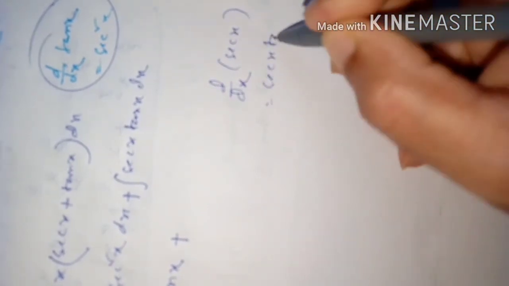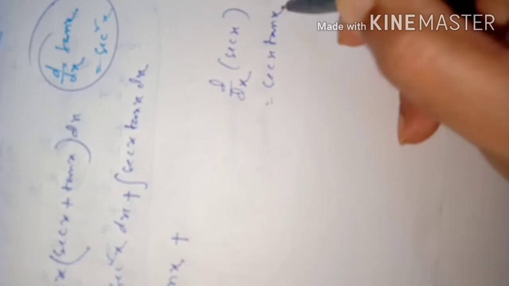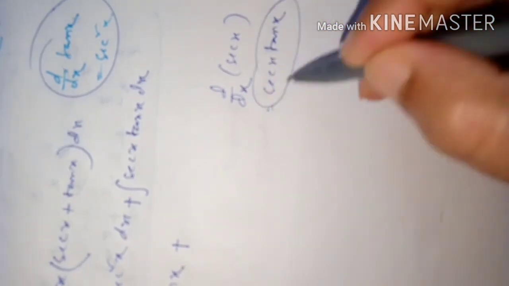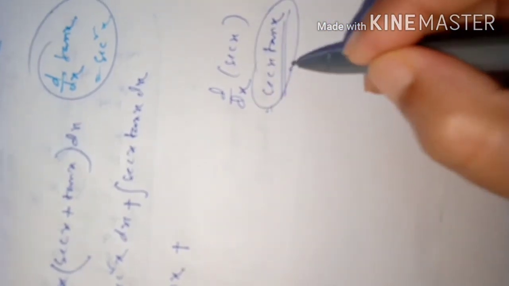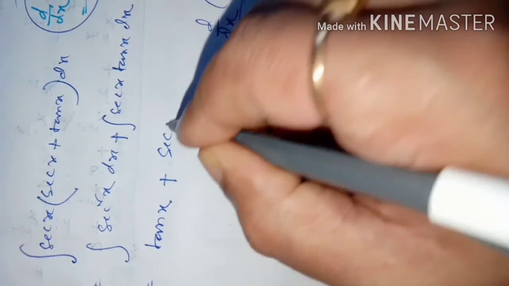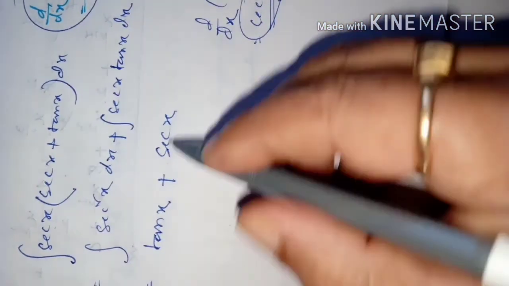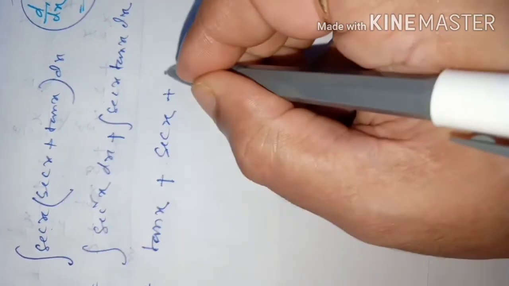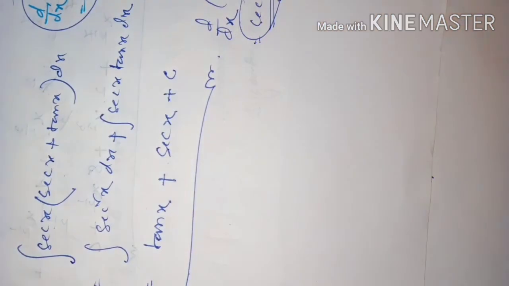We know that d by dx of sec x was sec x tan x. Therefore, the integral of sec x tan x will be sec x. So a constant from here, it will be a new constant, c. This is our answer. Okay, dear students.